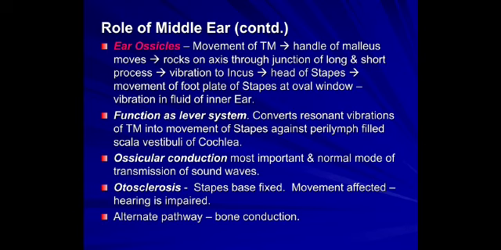So the vibration of the tympanic membrane results in the handle of the malleus moving, and it rocks on the axis through the junction of the long and short process of the incus, resulting in vibration of the incus, which in turn causes the head of the stapes to move the footplate of the stapes at the oval window, resulting in vibration of fluid in the inner ear.